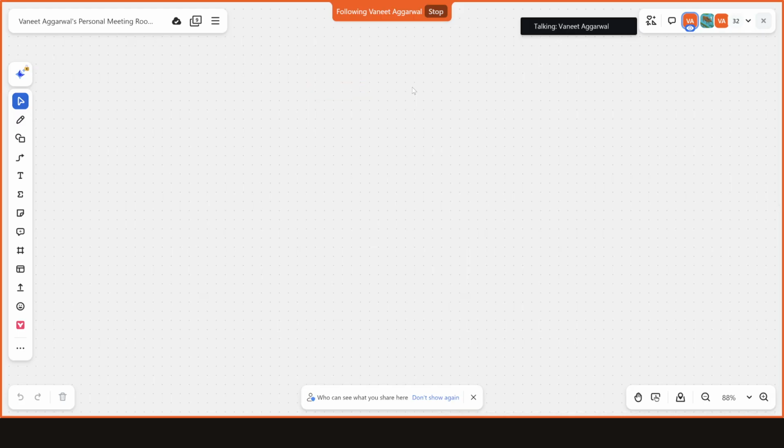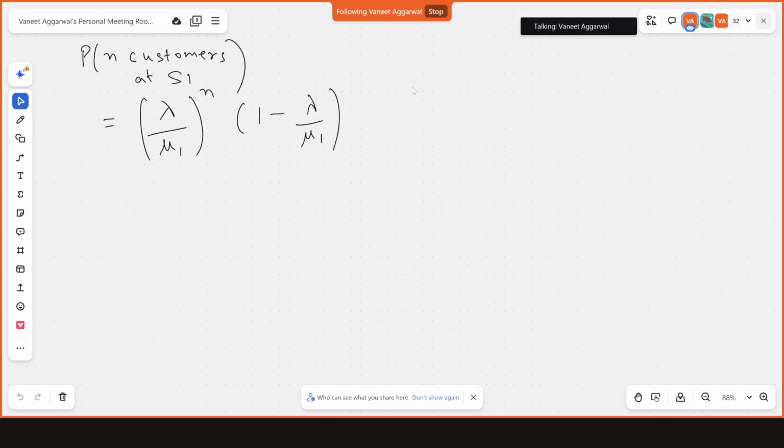So we already did pi n for M/M/1, which was the probability that there are n customers at server 1. That is the formula of pi n for server 1. So pi n for M/M/1 was already given to us from the previous chapter, which was (lambda over mu) to the power n times (1 minus lambda over mu).